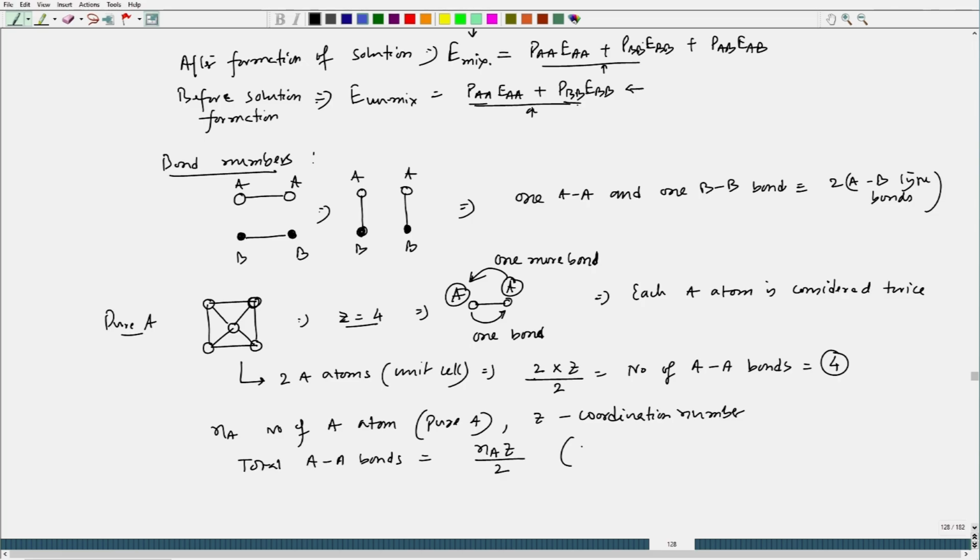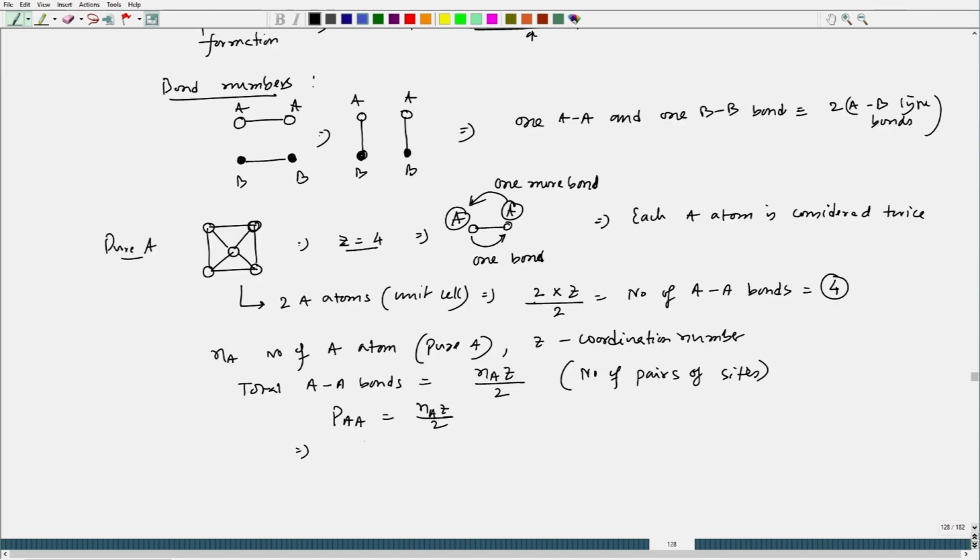We can also say the number of pairs of sites. Here all the sites are occupied by A atoms, so this is the number of A bonds. So, we can say PAA equal to NaZ by 2. It means that NaZ equal to 2 PAA.